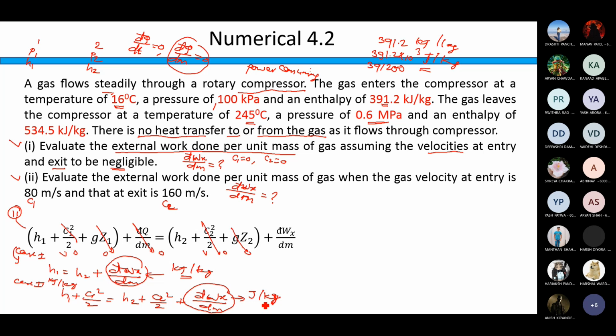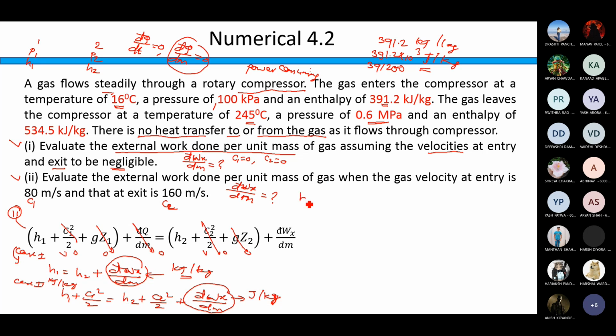Or there is one more shortcut which is given in a few books, which I do not recommend actually. What people have done is, they have divided this term by 1000, so that this term will be in kilo, and then you can use these two in kilo. That is also fine.